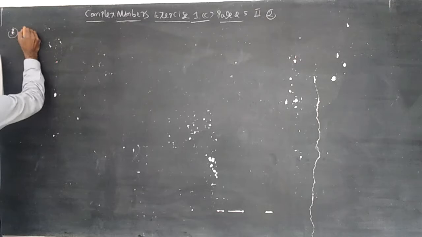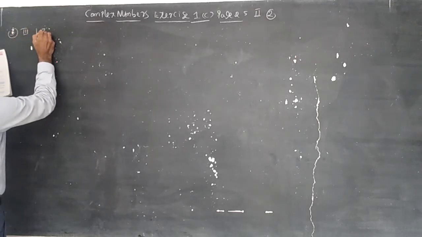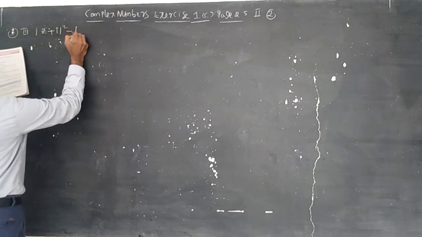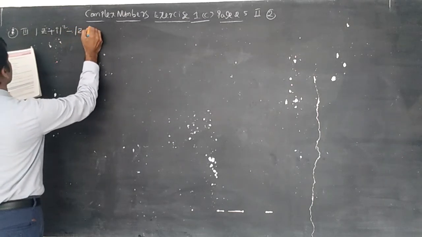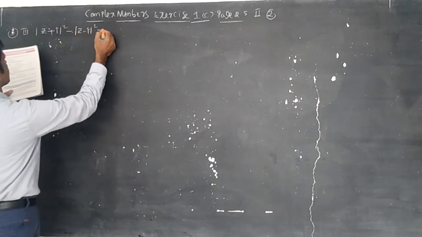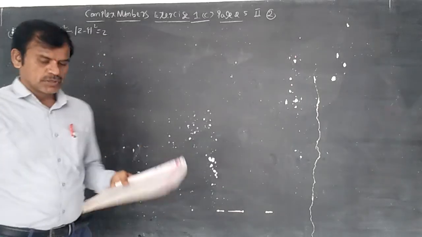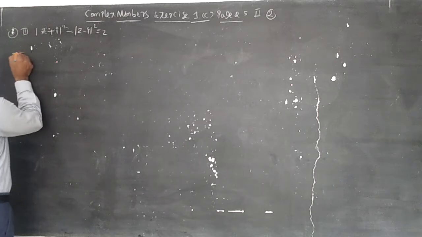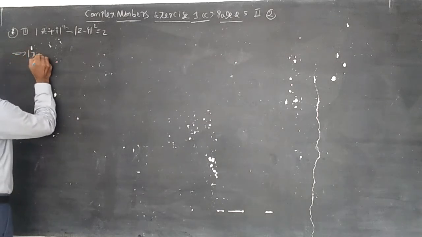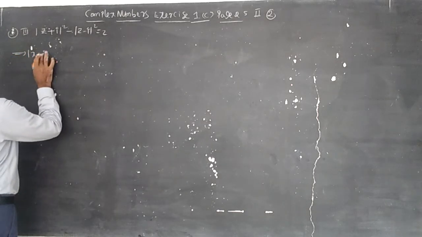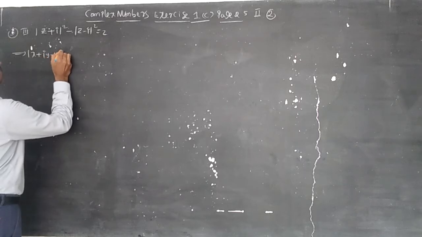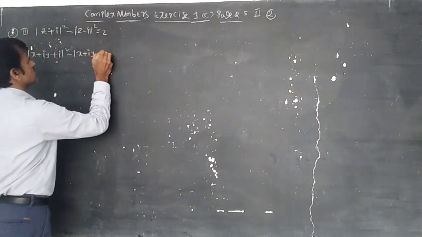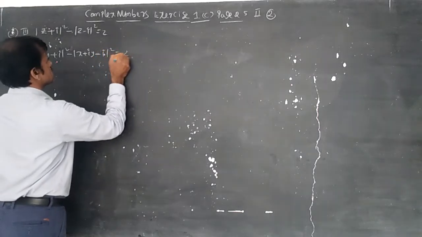Third one: modulus of z plus i whole square minus modulus of z minus i whole square is equal to 2. By taking z is equal to x plus iy, this is modulus of x plus iy plus i whole square minus modulus of x plus iy minus i whole square is equal to 2.